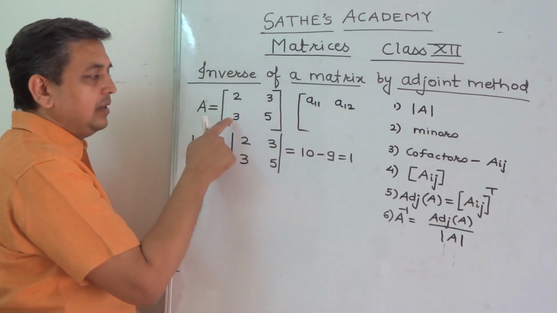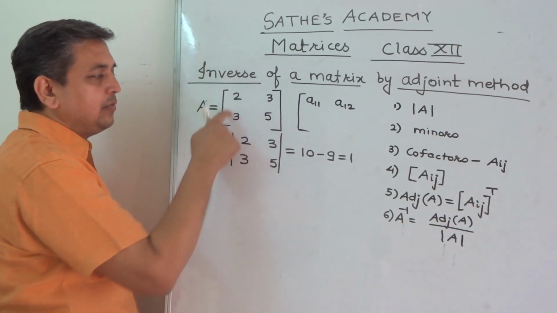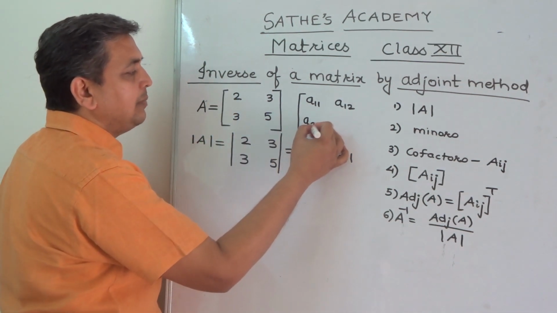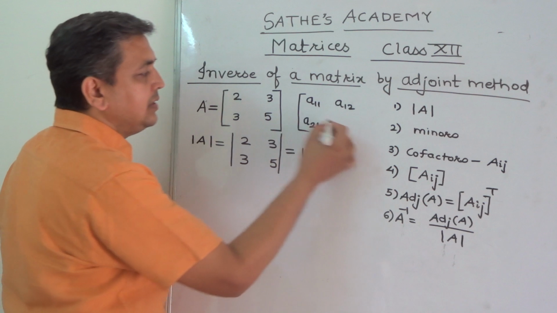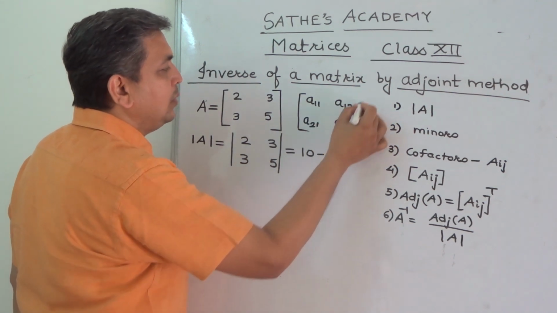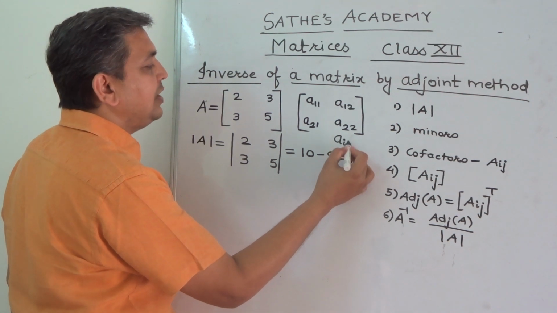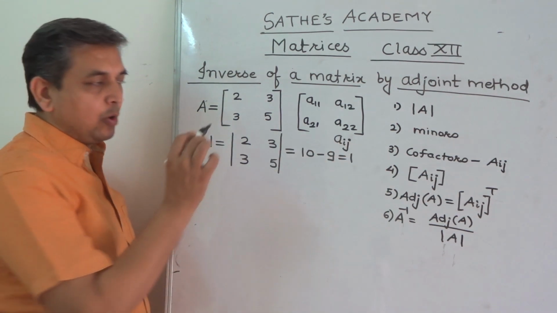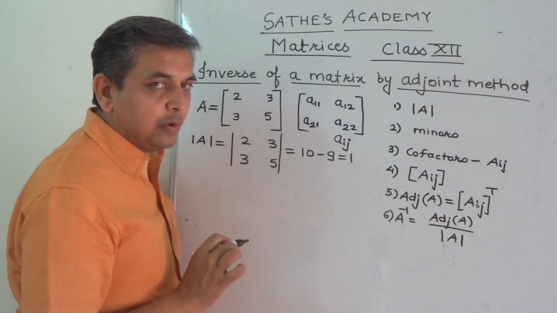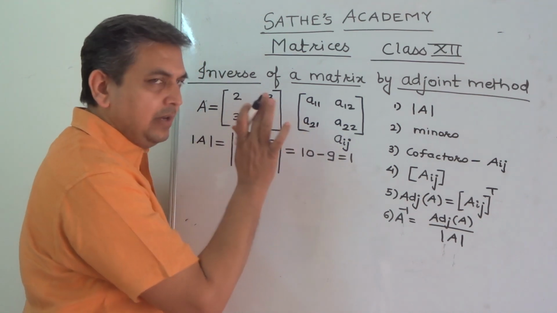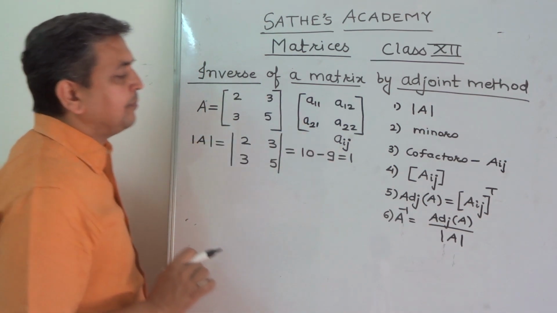Getting it? This is second row and the first column. So we denote this element as A21 and this is A22. In general, we write this as Aij, where I stands for number of row and J stands for number of column. That all we have studied earlier.